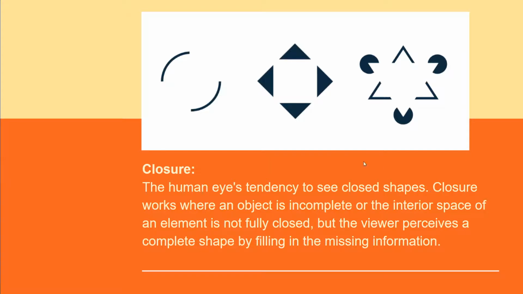For example, in this case we could see this shape as a circle, this shape as a rectangle, and this shape as a triangle, even though they're not complete. As designers, we use it to create multiple meanings in the shape or form, or we can also use it in logo design.